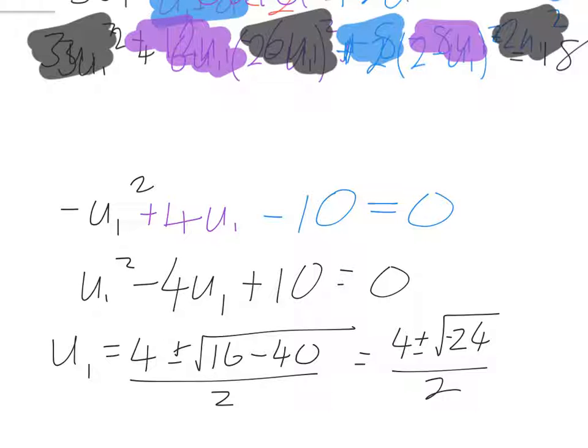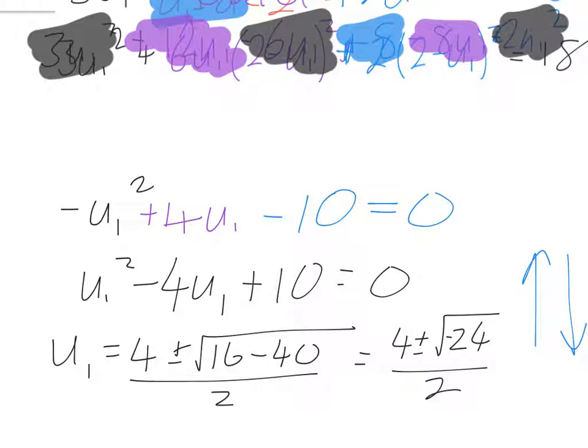Alpha, beta, gamma form an arithmetic sequence. Now that arithmetic sequence could be going up from alpha to beta to gamma, it could be going down. In fact, alpha, beta and gamma are not ordered really. They're interchangeable in what order they are in. So those two roots, 4 plus or minus the square root of minus 24 over 2, are the two possibilities for alpha and gamma, essentially.